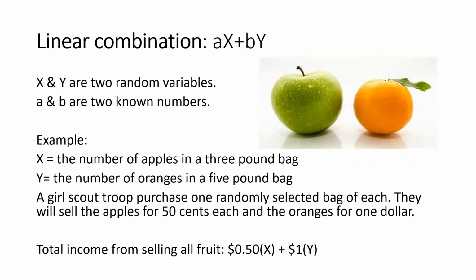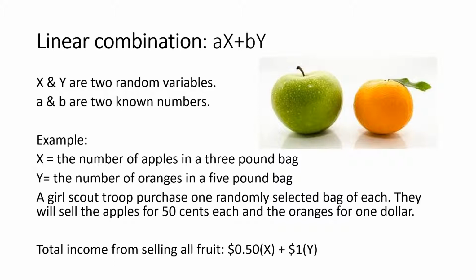Next, we'll talk about linear combinations of random variables. These are written in the form a times x plus b times y, where x and y are 2 random variables, and a and b are 2 known numerical quantities.